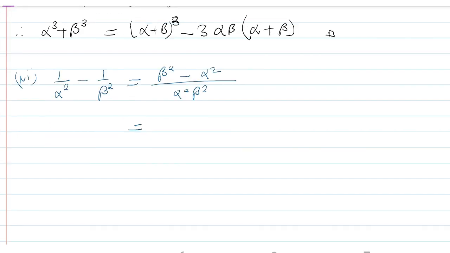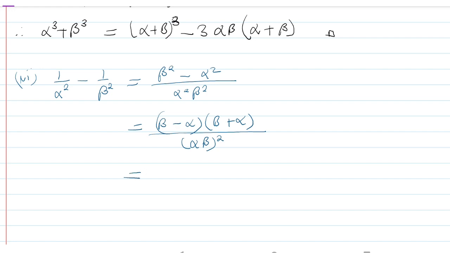In the numerator, we can apply the difference of two squares. This is beta minus alpha, beta plus alpha. And alpha squared beta squared is just the same as alpha beta squared.